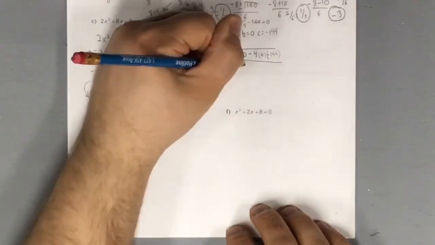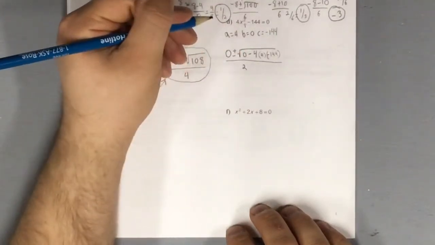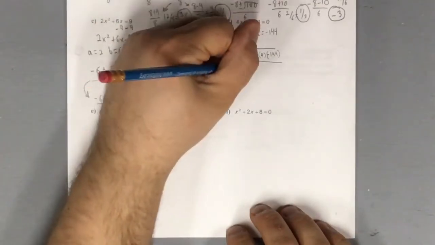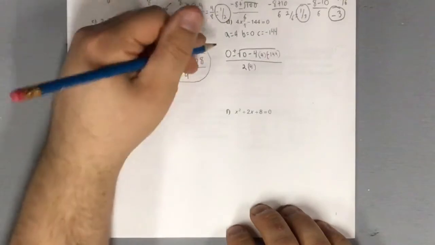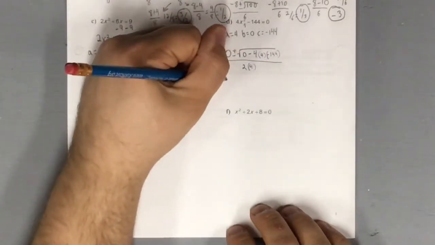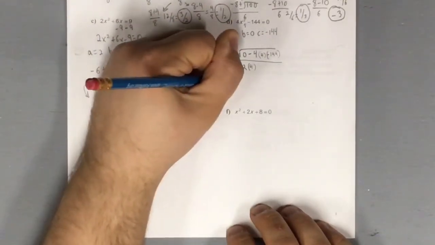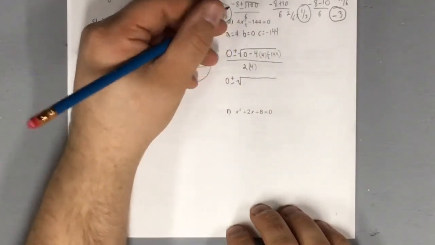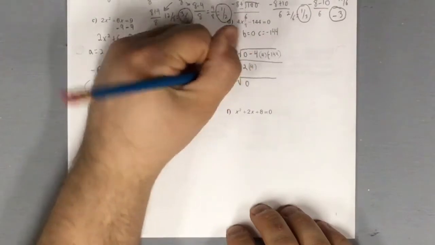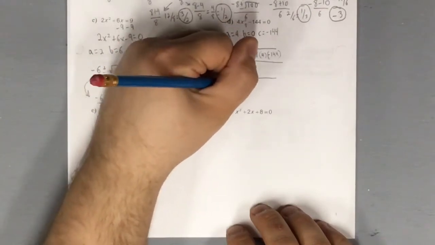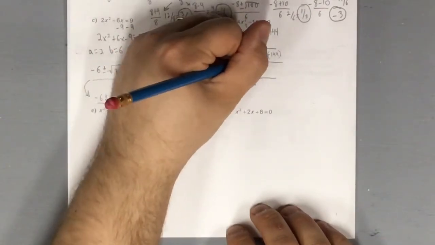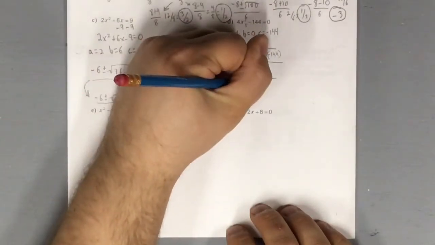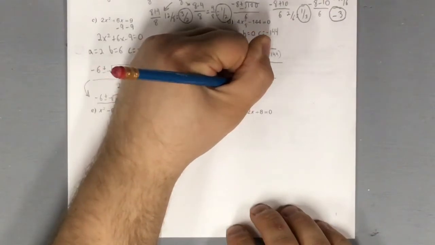All over 2 times a, which is 4. From here, when I start solving this, I'm still going to have 0 plus or minus the square root of 0 minus 4 times 4, which is 16. 16 times negative 144 is negative 2,304.